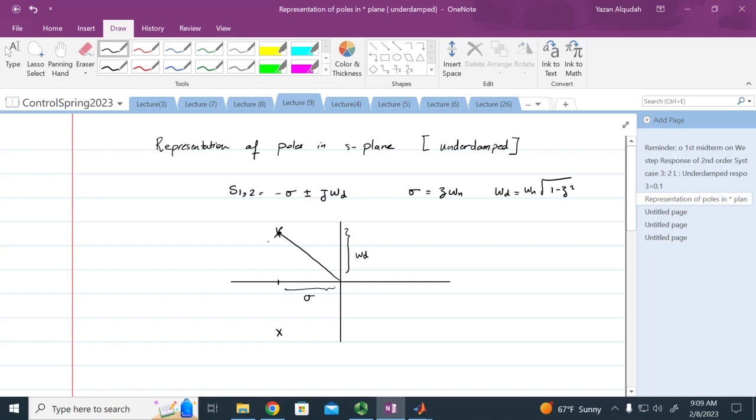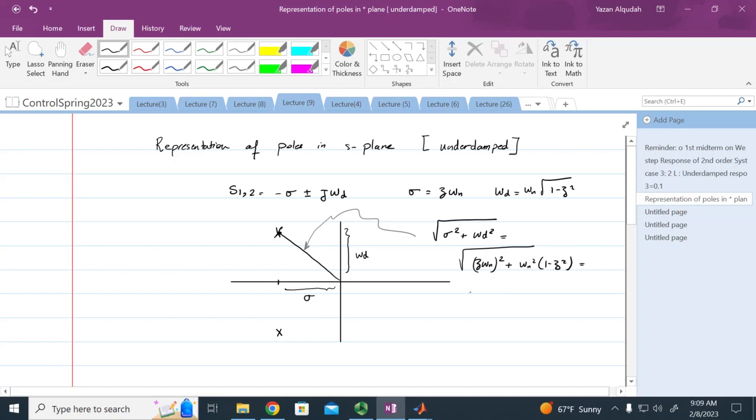I can calculate the length of this vector here. What is the length of this vector? Square root of sigma squared plus omega d squared, which is going to equal the square root of zeta omega n squared plus omega n squared multiplied by 1 minus zeta squared.